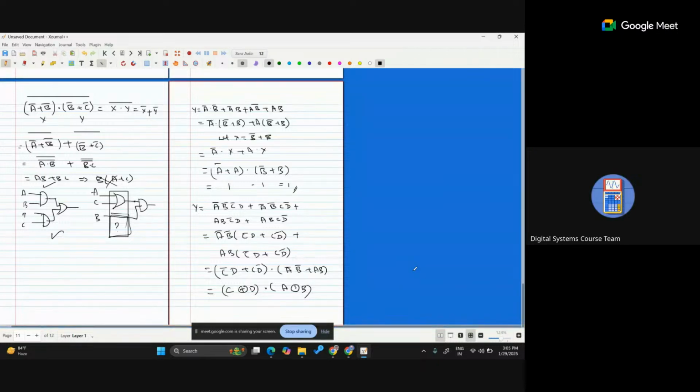This is an XOR expression, right? Yes, simply the XOR expression A bar B plus A B bar. Instead of A and B, I am putting C and D. It is C D, C D. Very little is different; the remaining things remain common.